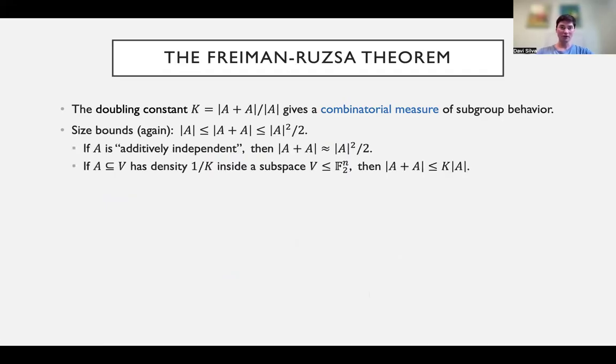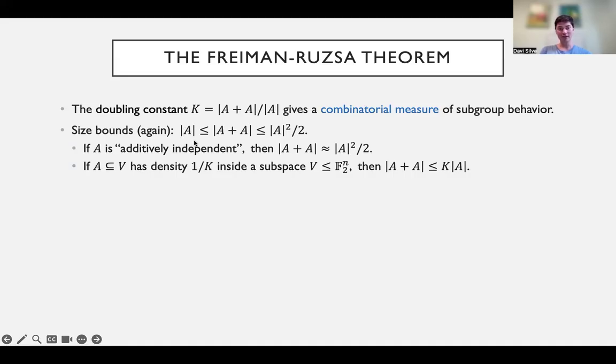And so going back to the examples that I had before, if A is additively independent, meaning either linearly independent or random, then the size of the sumset will be close to the maximum size. In particular, you shouldn't expect there to be any possible classification of sets that satisfy something close to the upper bound, because a random set will satisfy it.